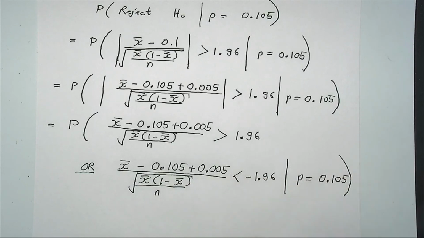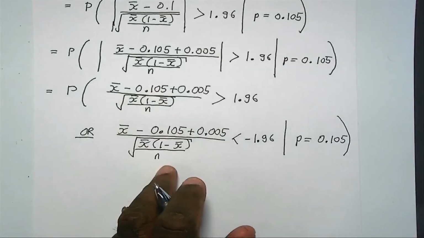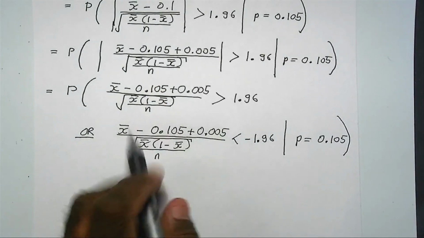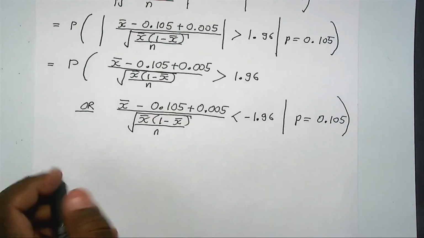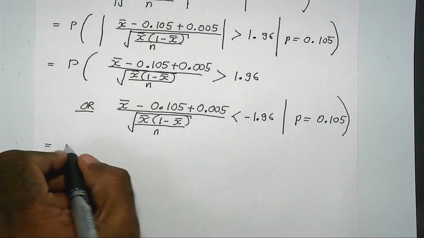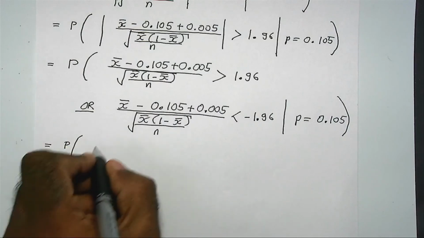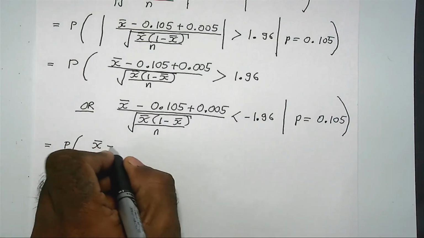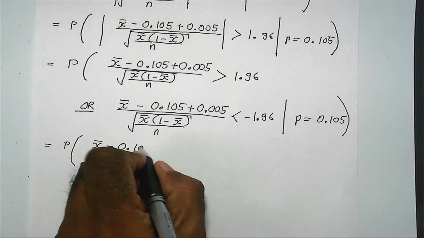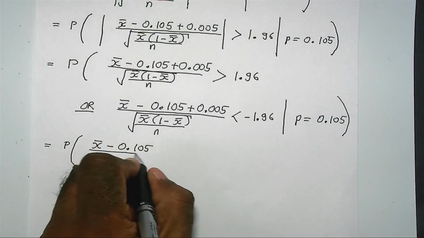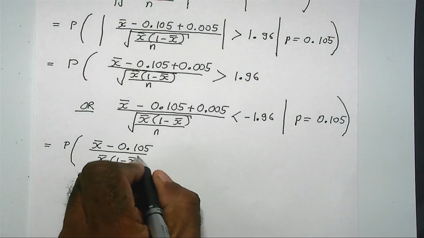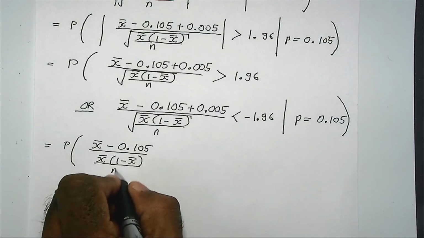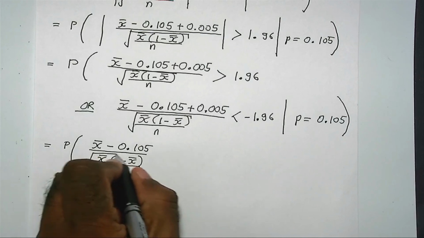Okay, now these two events are mutually exclusive, so their probability is the sum of the probabilities, right? So this would be, right.